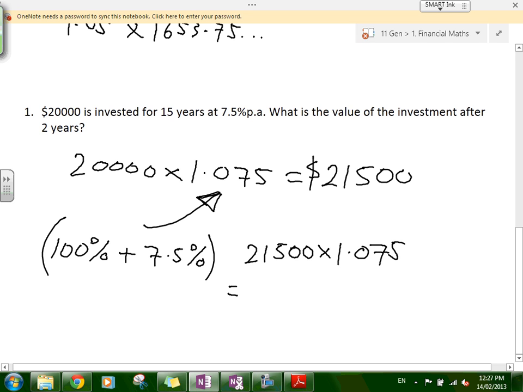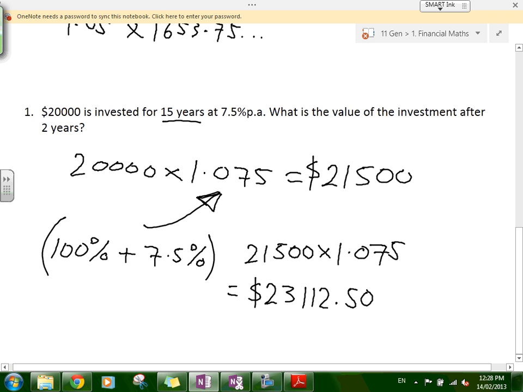And that is equal to 23,112.50. So in this context, the 15 years doesn't make any difference.